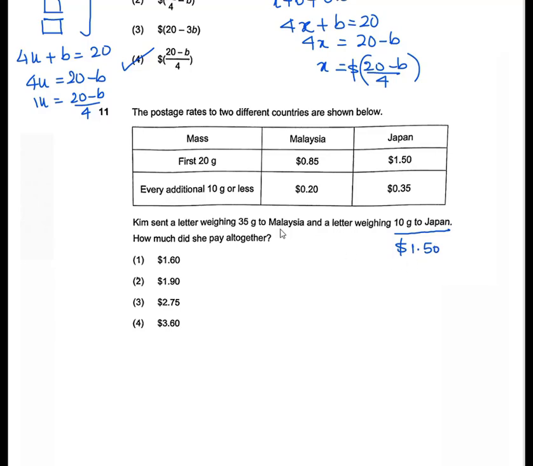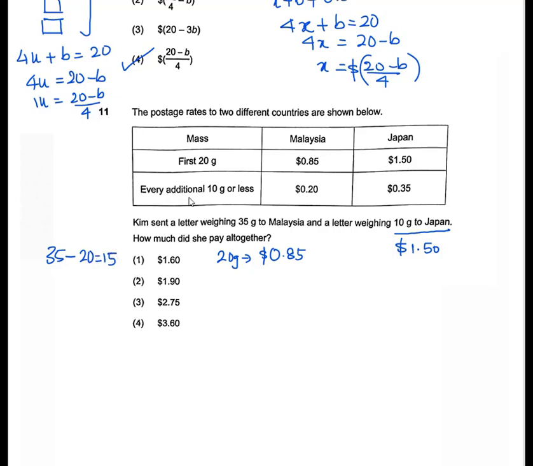For Malaysia, it's 35 grams, which means I crossed this threshold. So I will be charged 85 cents for the first 20 grams. Now, after that, how much more weight is there? So 35 minus 20 gives me 15.